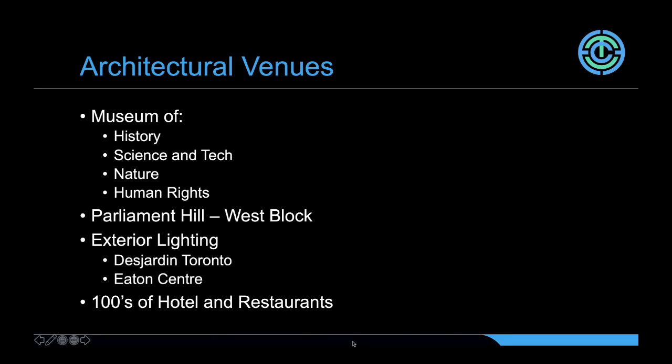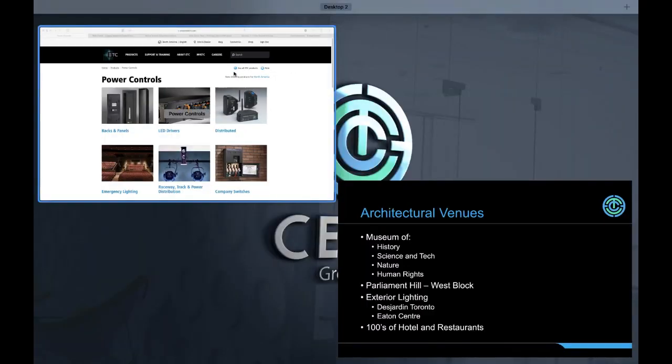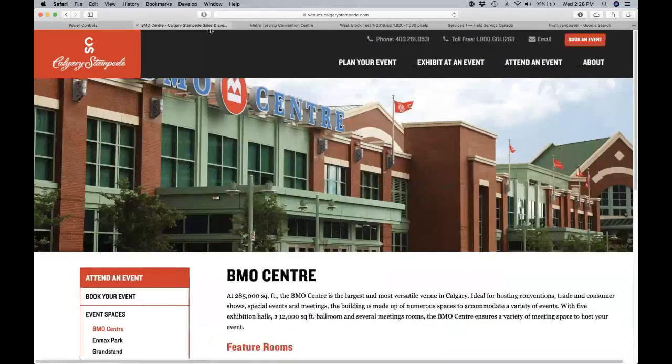So I'm going to switch back to a discussion of some of these venues. The first one that's up on the screen is actually the Calgary Stampede grounds. It was originally called the Roundup Center, and we did it almost 15, maybe plus years ago. And they've recently upgraded to their second generation of ETC controls.